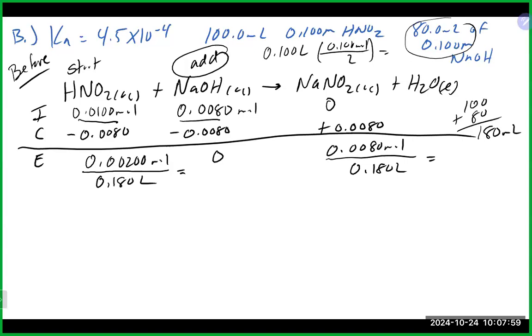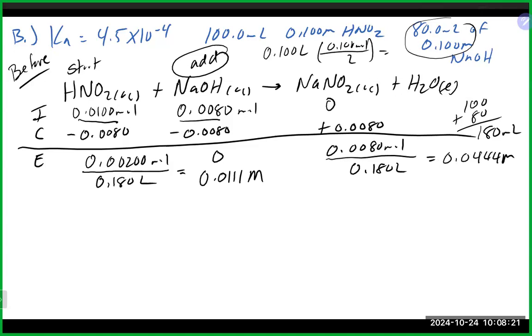So we're going to take 0.002 divided by 0.18, which is 0.0111, looks good. And 0.008 divided by 0.180 is 0.0444.